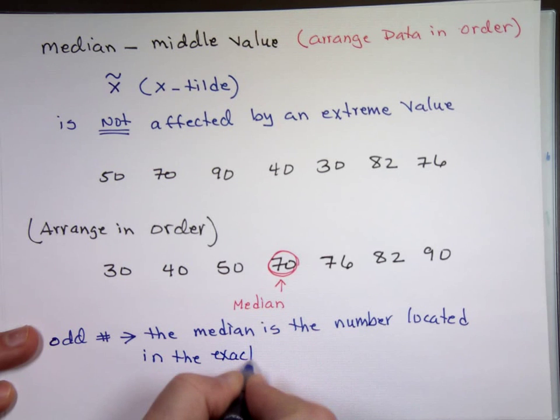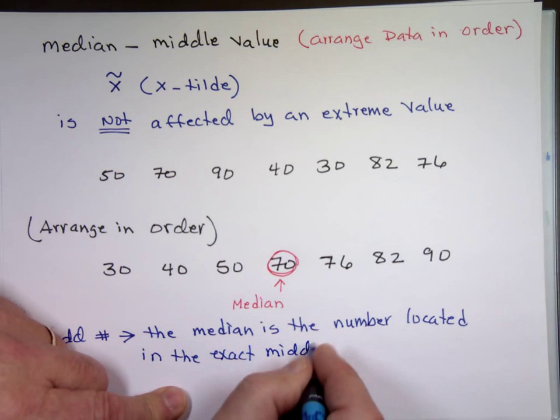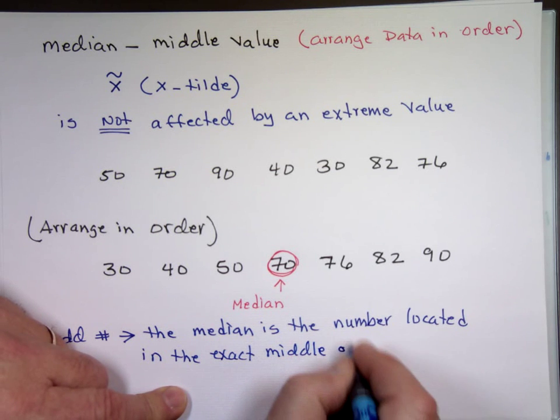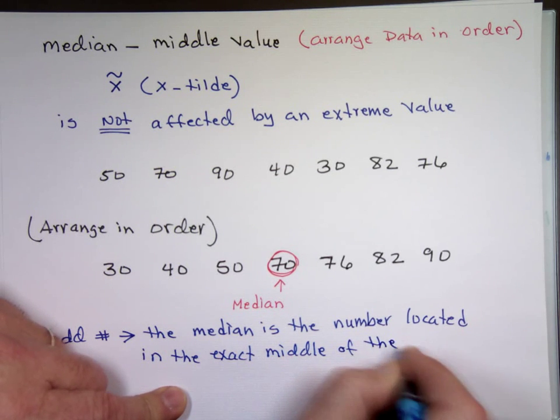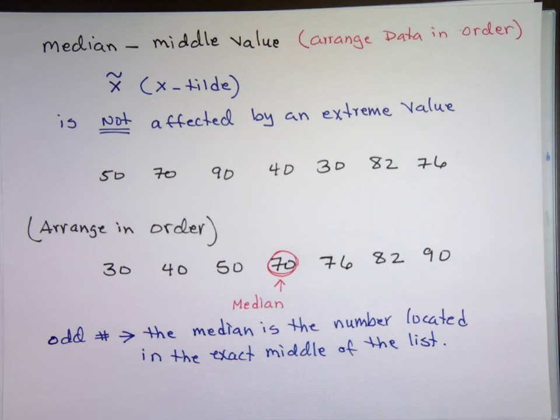There'll be one exactly in the middle of the list. So when you have an odd number of data, that number will be exactly located in the middle there. And what happens if you have an even number of values? Not odd, even.